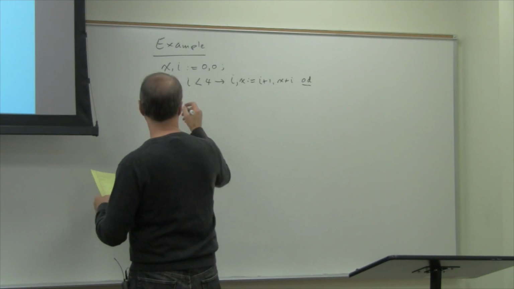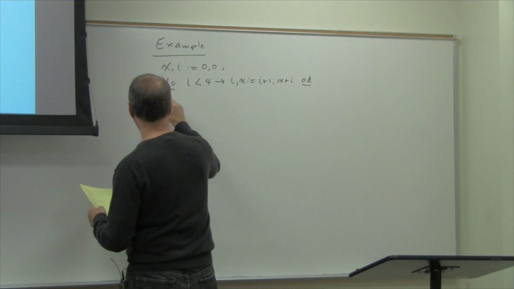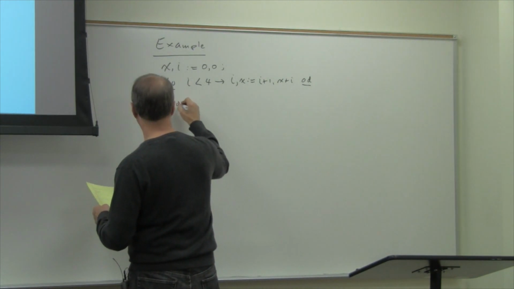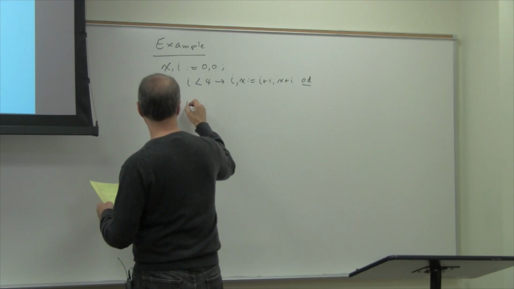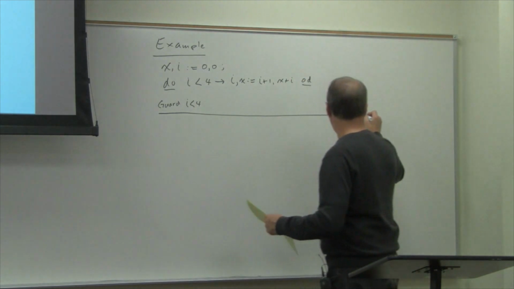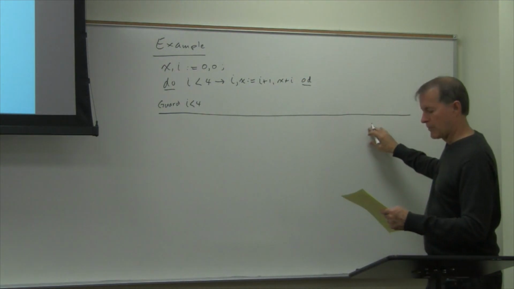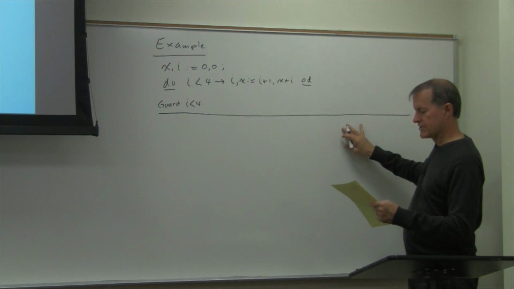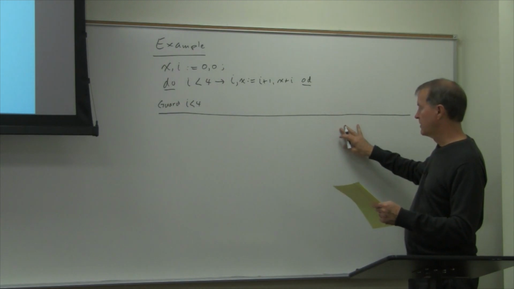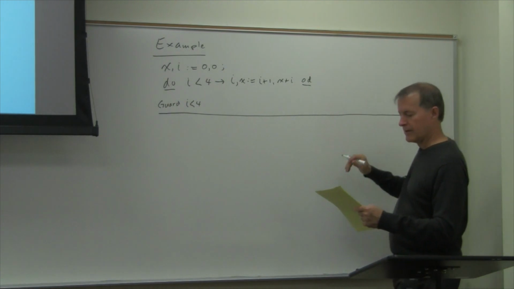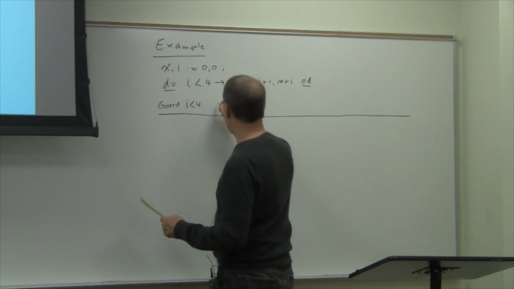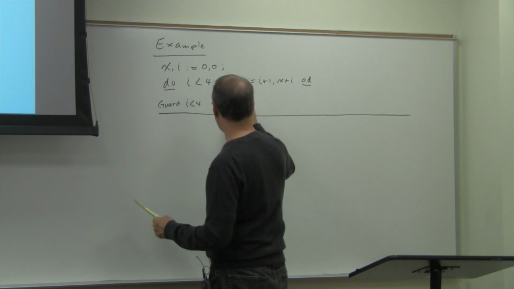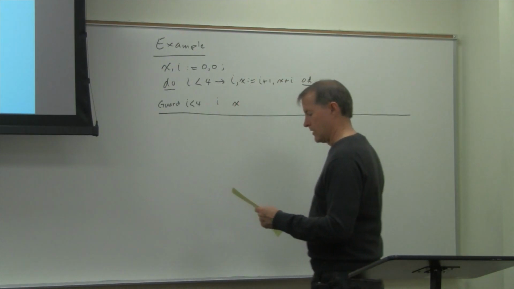And so here, in the first column, we're going to have the guard, which is i is less than 4. Now, I'm going to leave some space on this side of the trace table, and we're going to come back and fill it in a minute. And then we're going to trace the value of i, and we're going to trace the value of x. All right?